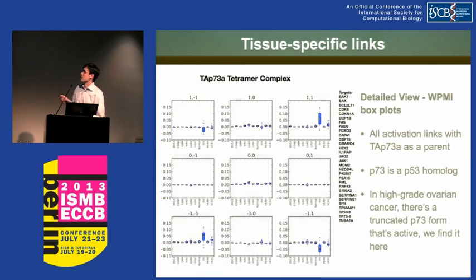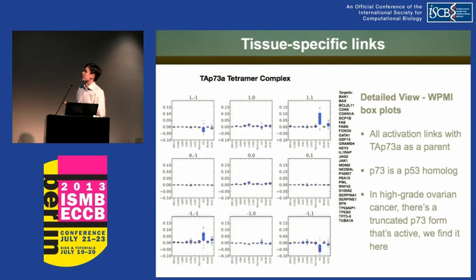So here's a more detailed view of the TAP73 tetramer complex. This is the parent of all of these targets, and we're looking at plots of all of those links across the different cancer types.